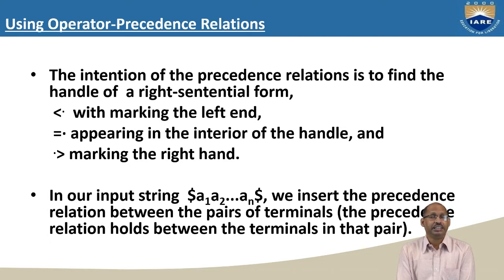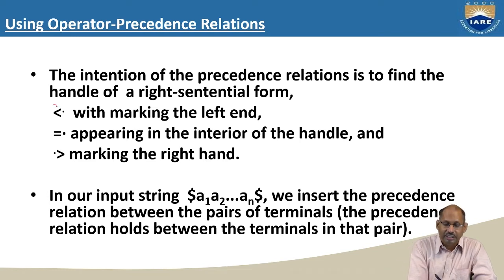We insert these relational operators, less than, greater than and equal, between all the terminals in the input string. We use them to find a handle in the input string for the right sentential form.